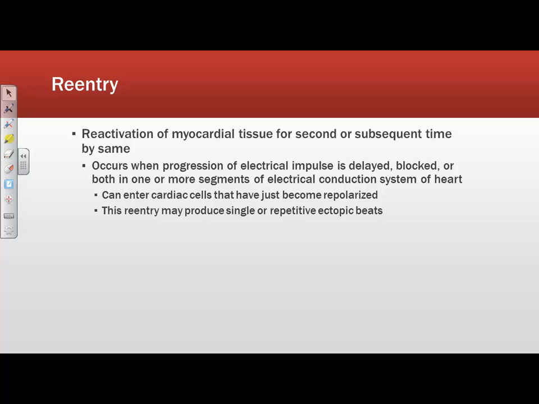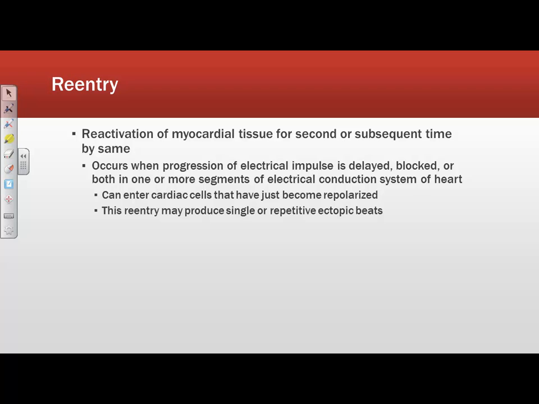normally conduction occurs through that normal pathway, right? Well, let's say that electrical impulse is going down the highway and it comes to a block. It knows that where this is blocked off, it still needs to stimulate the myocardial cells in that area. But it can't get in this way.